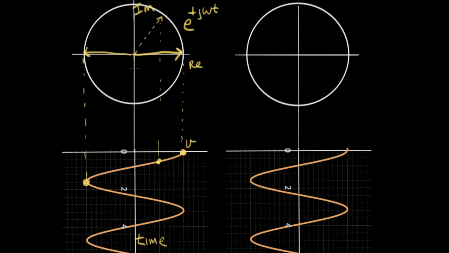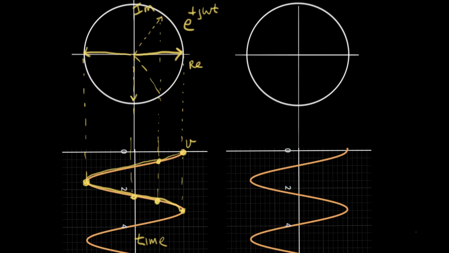And as we go farther, let's go straight down for a second. That one projects to right there. And then as we come over here, it projects to that point right there. And eventually when we get back to 0, the projection is right to this point here. And so with one rotation, we've carved out one cycle of the cosine. So that seems pretty clear. Omega t is there, omega t is down here.